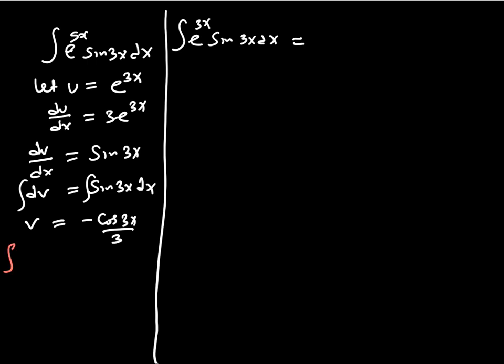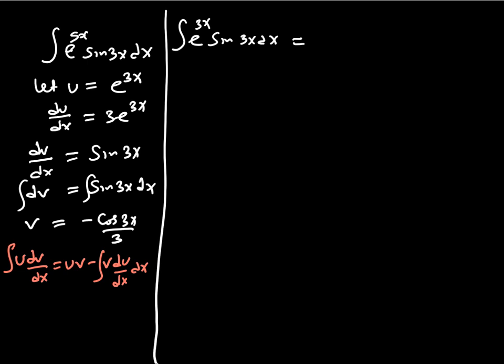It is the integral of u dv by dx is uv minus the integral of v du by dx with respect to x. So our u is e to power 3x, and integrating dv by dx has given us v as minus cos 3x over 3.